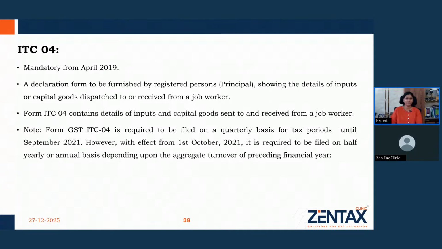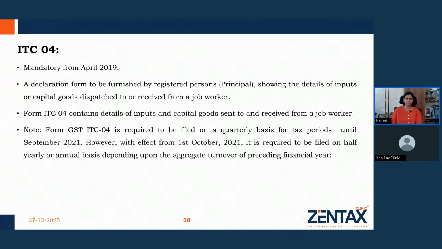We have seen from the rule that this form ITC-04 is required to be filed on a quarterly basis for tax periods. However, this quarterly filing is only until September 2021. With effect from 1st October 2021, this form ITC-04 is required to be filed on a half-yearly or annual basis, depending on the aggregate turnover of the preceding financial year.